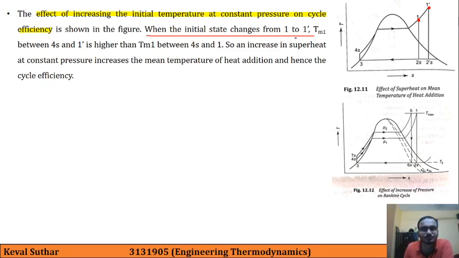Here Tm1 between 4s to 1 prime, let us say this to be denoted as Tm1 prime, because we are going from 4s to 1 prime.